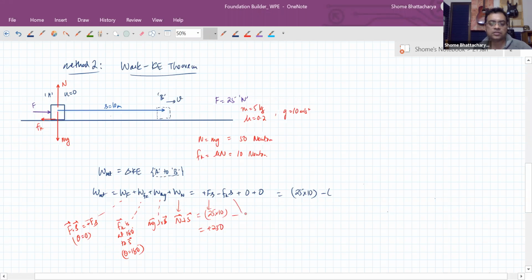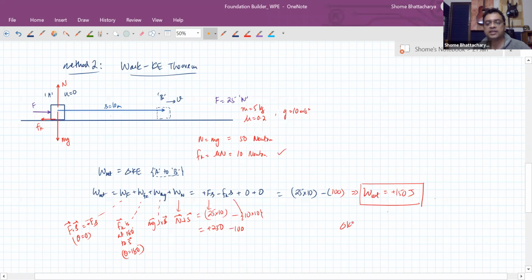Friction is 10 newtons, as we saw earlier, into the displacement of 10 meters. So this is minus 100. So the net work done is not 250, and it's not 200. It is 150 joules. Okay, 150 joules is the net work done.